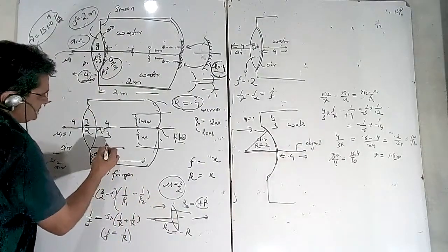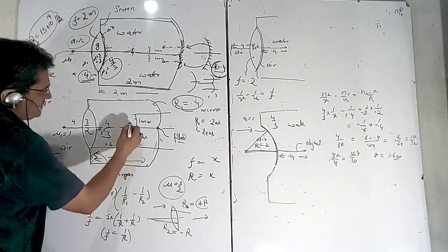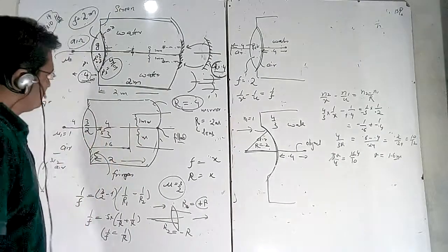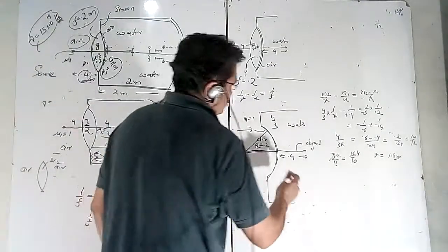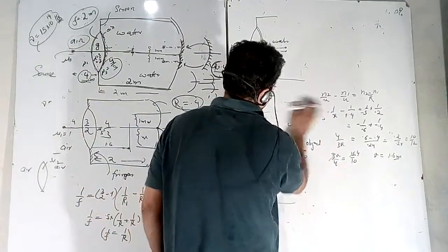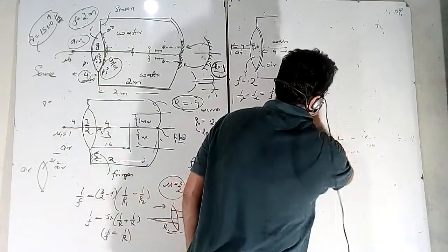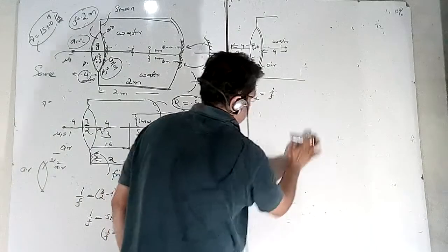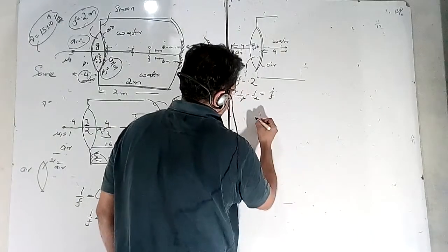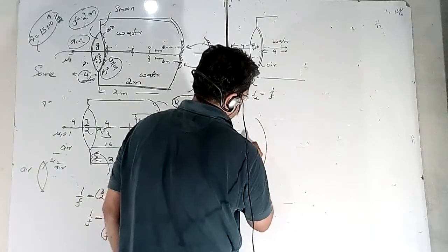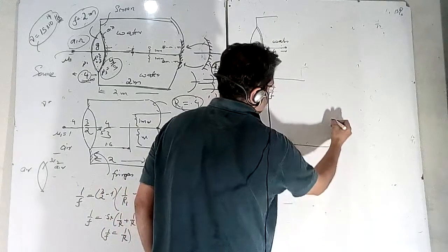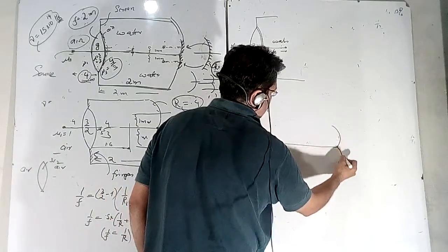So somewhere here this image is actually formed in water. Now I just rub it because I have to show you the other important part. Now see, this was the situation where you have these two other mirrors.